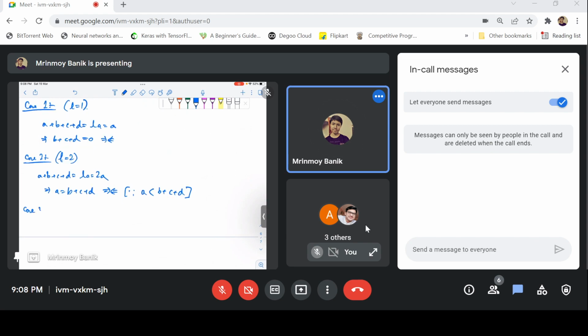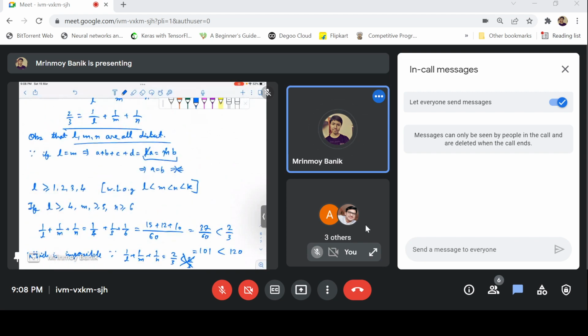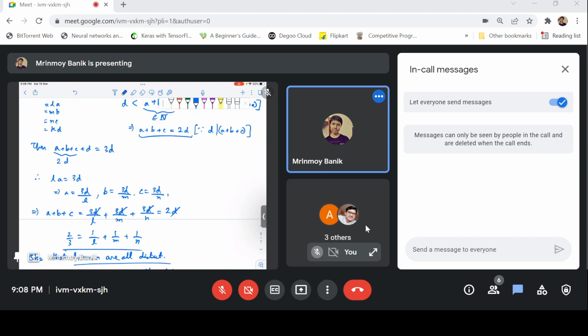And the last case, L equals 3, we have 3A, and it is also equal to 3D, right? And that implies A equals D, which is a contradiction to our assumption that all of them are distinct. Remember, we found that LA equals 3D, which means K is equal to 3.